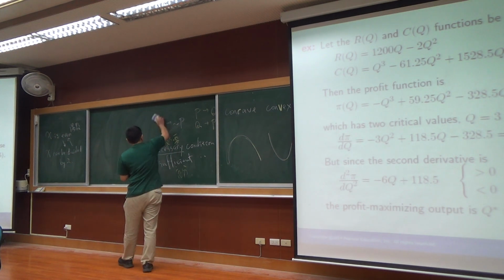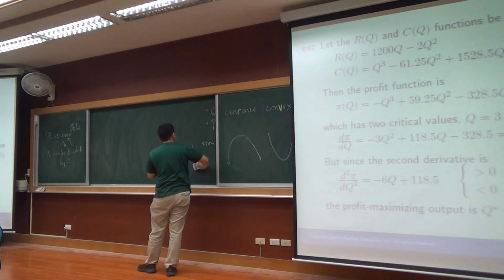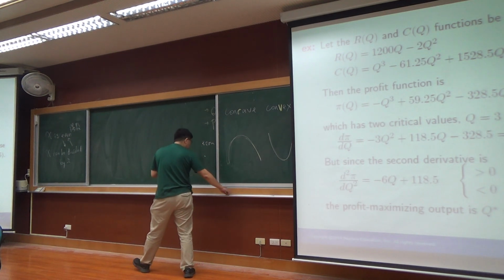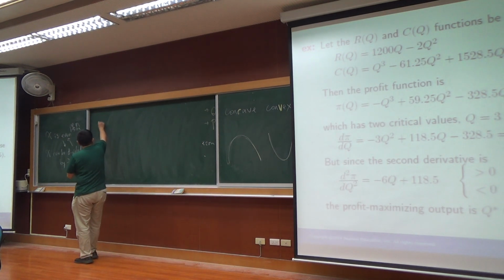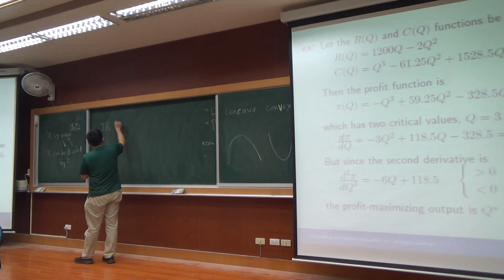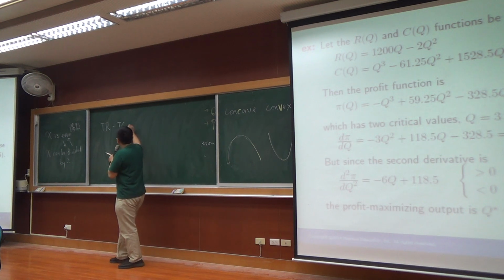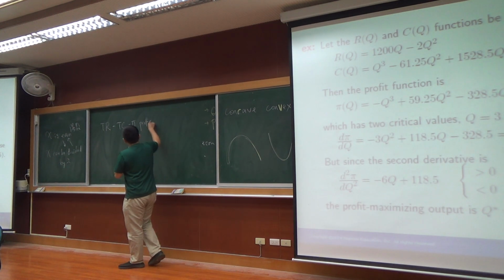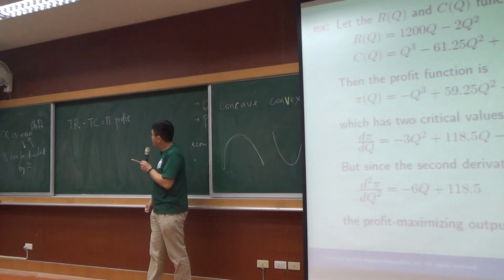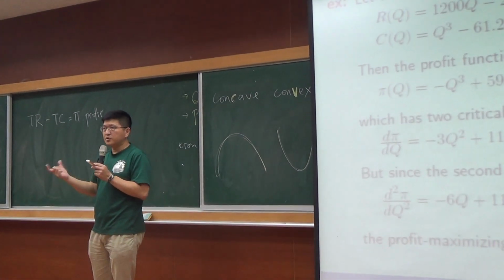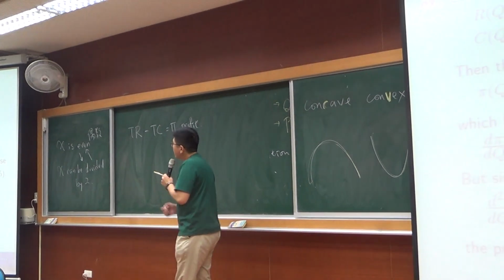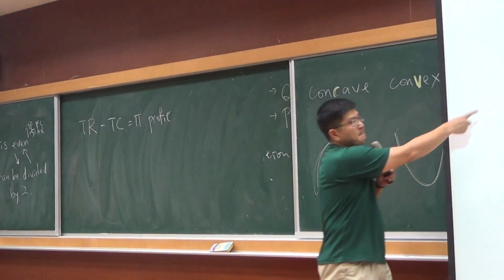And so with total revenue and total cost, we take the difference, then we will have pi, which is profit. So the profit function, pi, is just the difference of the two functions. And we have the profit function like this.